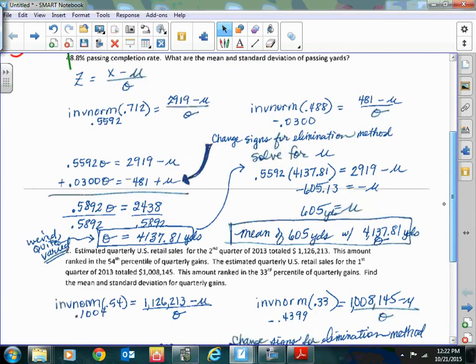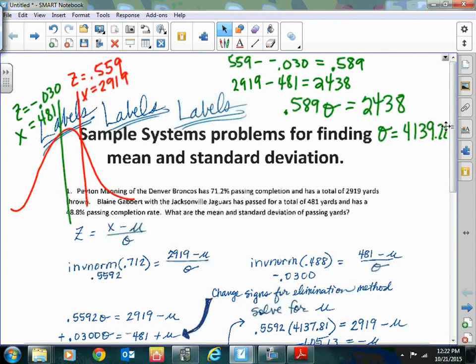Now, again, if you go the common sense route, then the distance in standard deviations, from one standard deviation to the other, you're basically subtracting one from the other, was 0.589 standard deviations. And then over the course of this much context, you get the standard deviation from that.